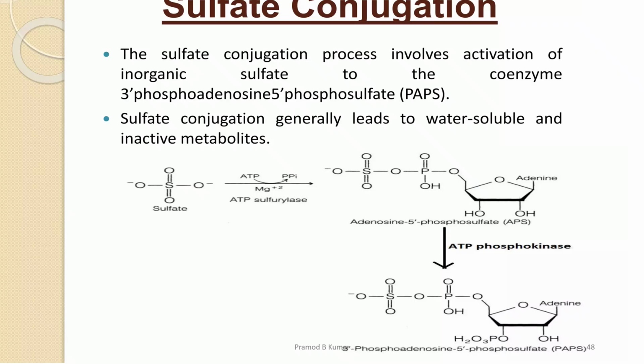So sulfate conjugation happens in the following way. The process involves activation of inorganic sulfate to the coenzyme 3'-phosphoadenosine 5'-phosphosulfate, that is PAPS.